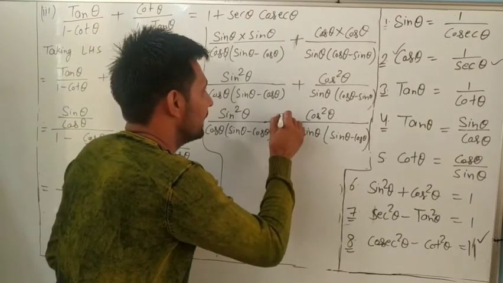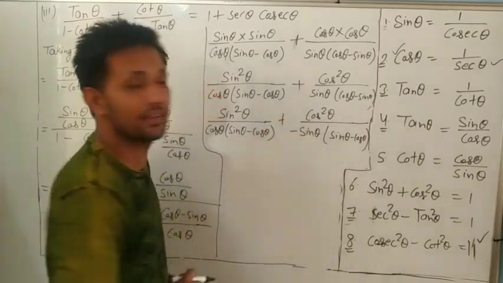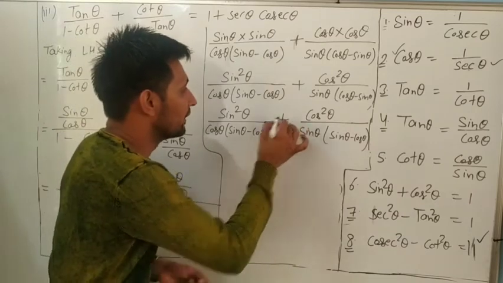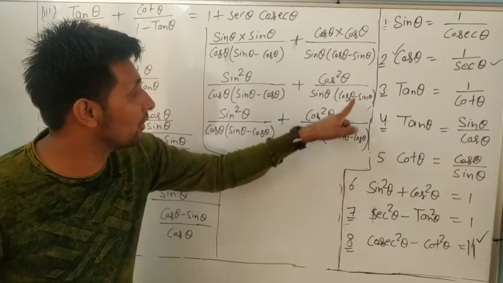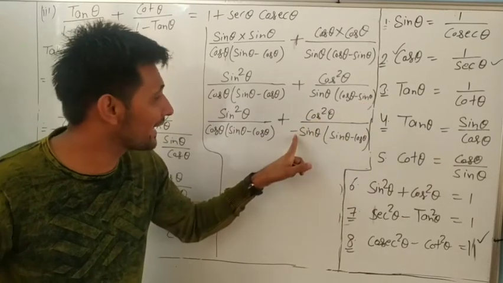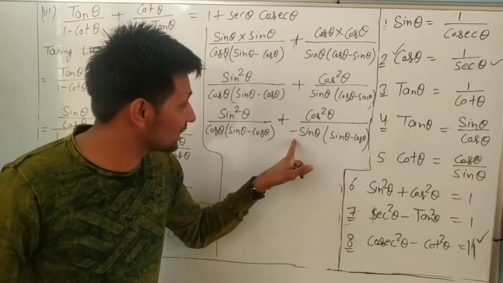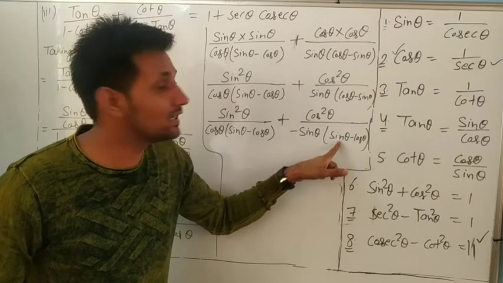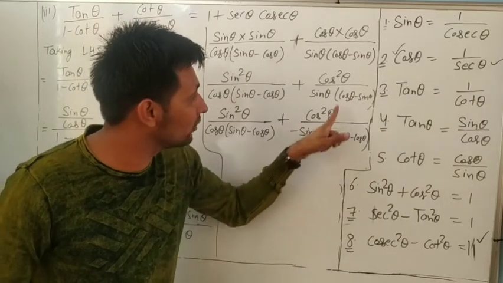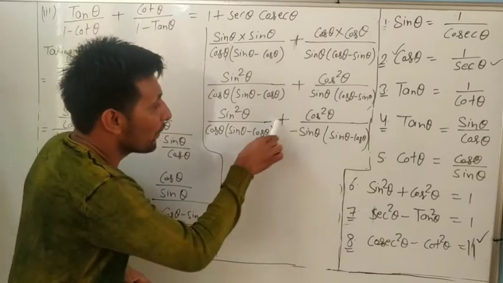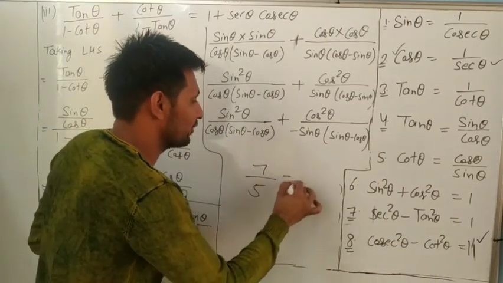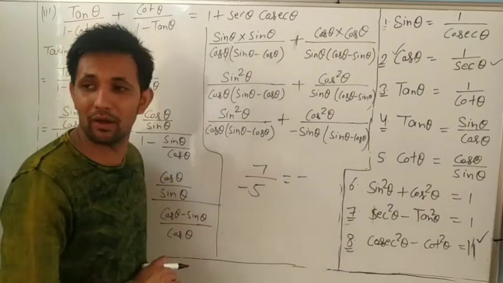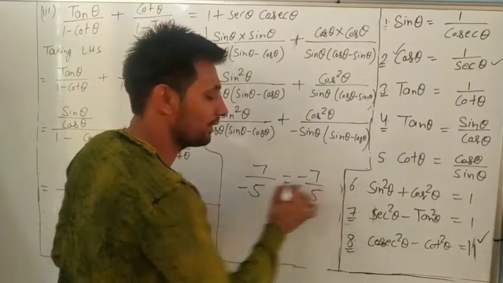Positive divided by negative is always negative; for example, 7 divided by minus 5 is minus 7 by 5.